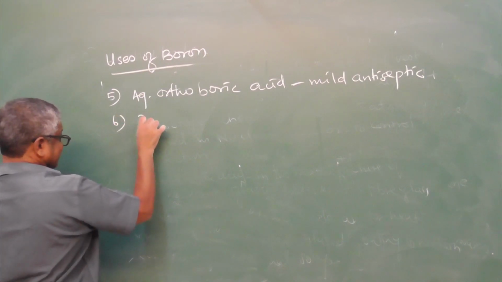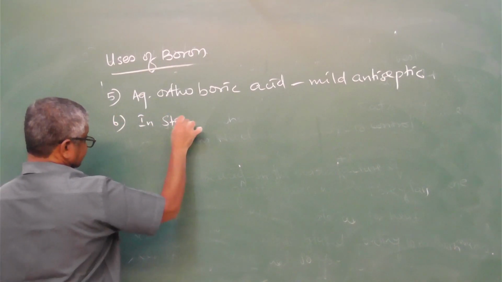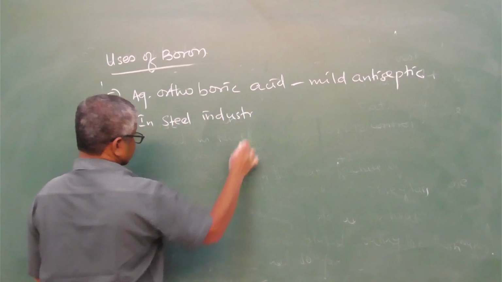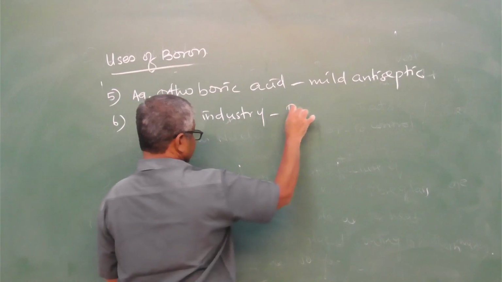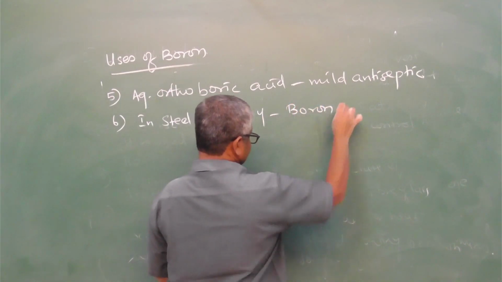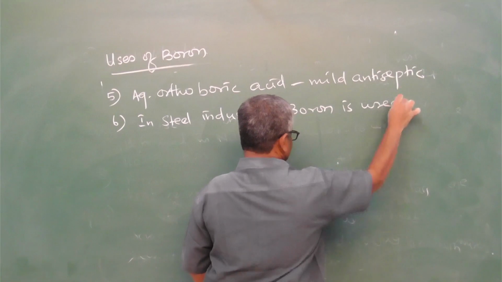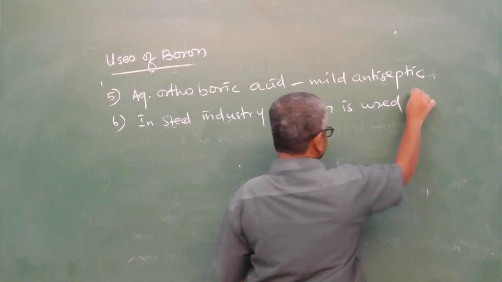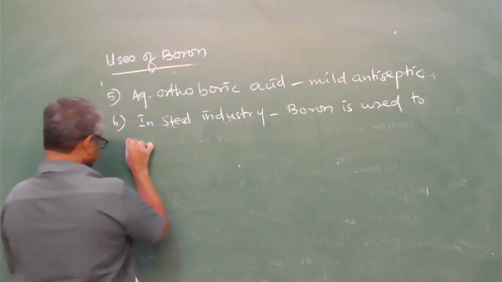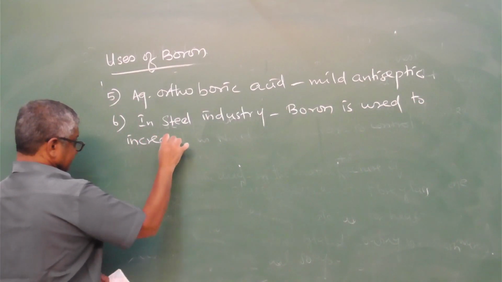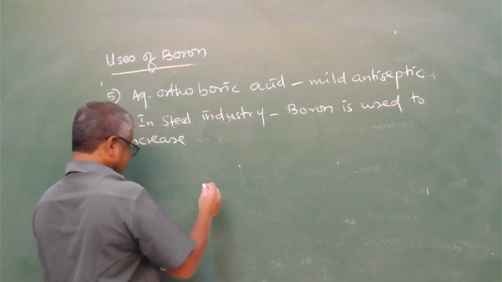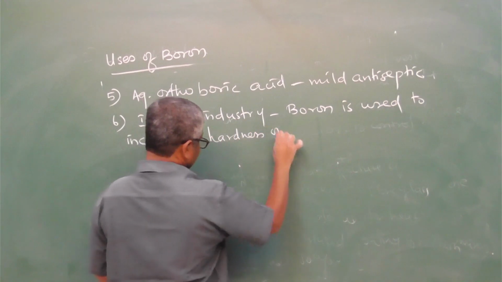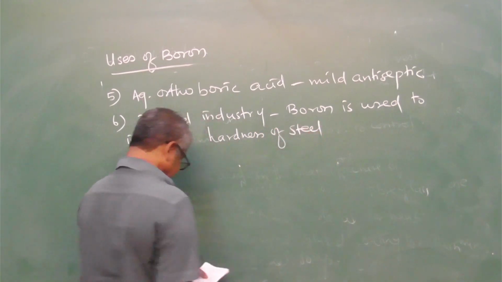In the steel industry, boron is used to increase the hardness of steel.